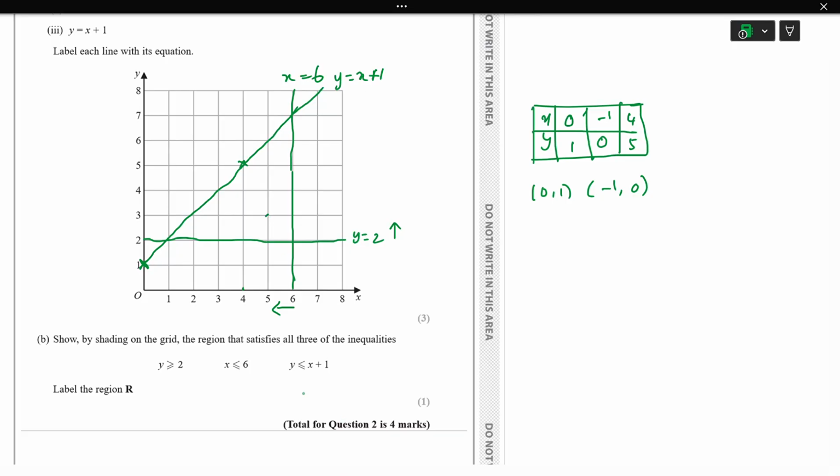Then I put it in: 3 is less than or equal to 5 plus 1, which is satisfied, because x is less than or equal to 6. So this side is greater, so this is our required region. I need to shade this and mark the labeled region R. So I'm marking this as the required region for us, and this is R.